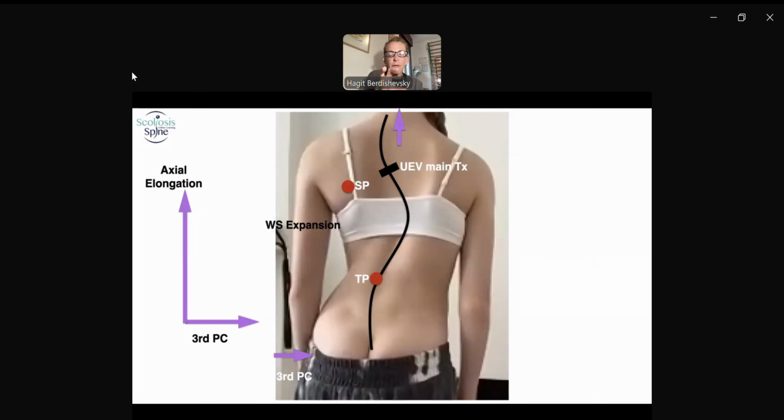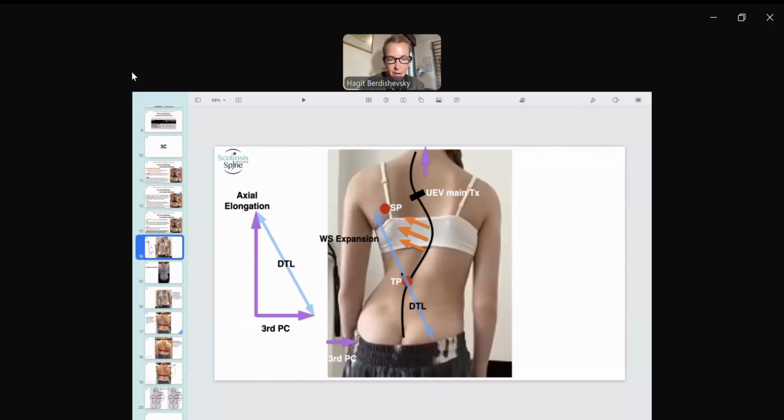But here, for the explanation of this shoulder countertraction topic, I'm not talking about the order of what we're doing. I'm just saying that with the third pelvis correction for the pelvis in the frontal plane, along with axial elongation, if we connect the two purple arrows, we see that a diagonal traction line, basically from here to here, will be formed naturally by itself.